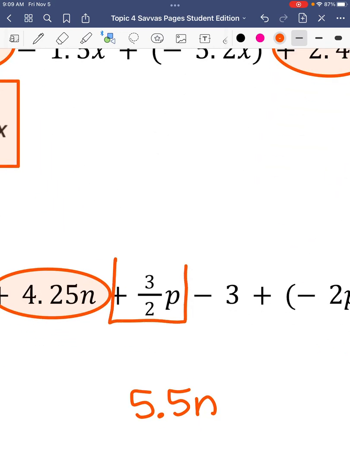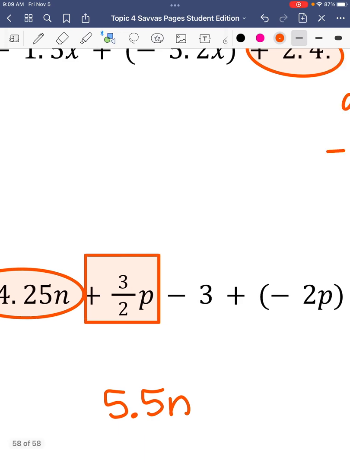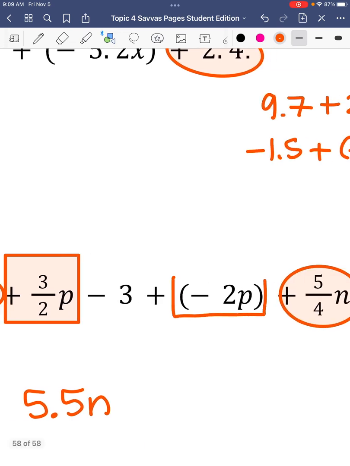Okay, now let's look at our other variable terms. We have 3/2p, and sorry, that's positive. That's positive 3/2p, okay? And then we have negative 2p. So because I've got a fraction and an integer, I'm going to make this fraction a decimal. It'll just be easier to put into my calculator.